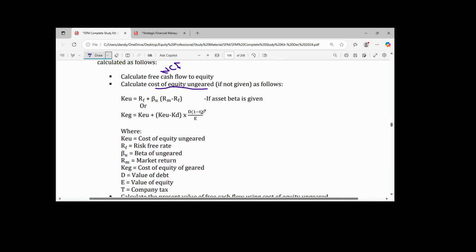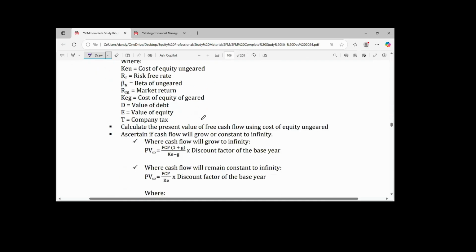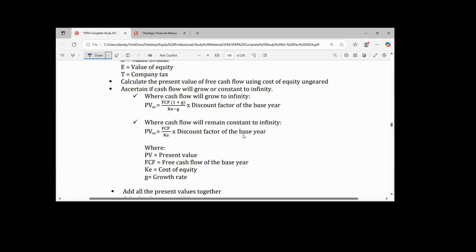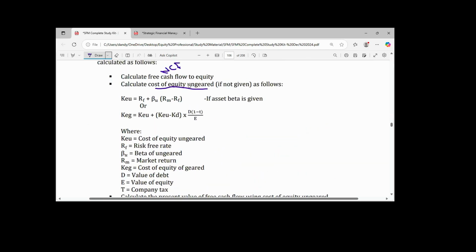I don't have that in this material. I don't know what's wrong with this. The pen. Yes, I don't know. Okay, let me see if I can restart.